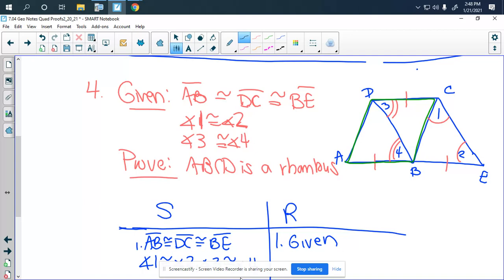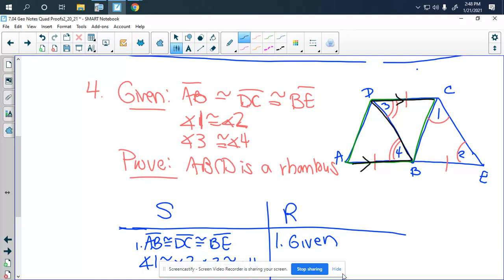So first, something that pops out at me is the angles 3 and 4, because right away I kind of see that Z pop out here. So if my alternate interior angles are congruent, then I know that the lines that formed them are going to be parallel to each other. So if I have a pair of lines that's both parallel and congruent in a quadrilateral, then I have myself a parallelogram.